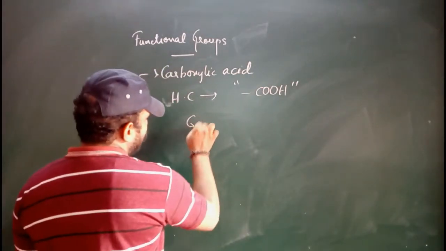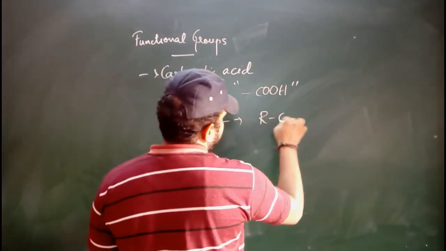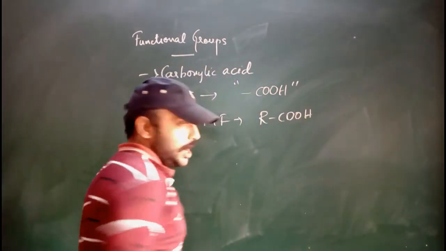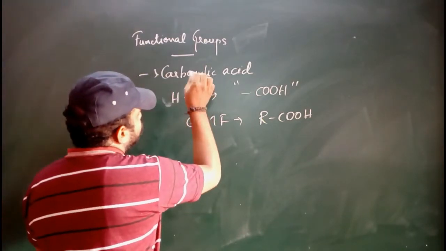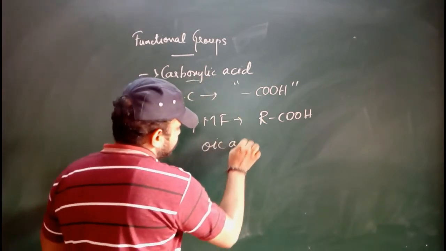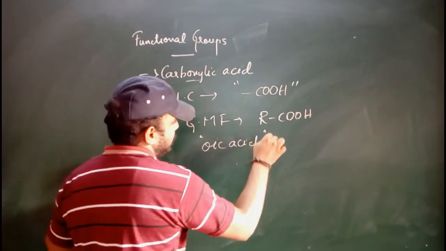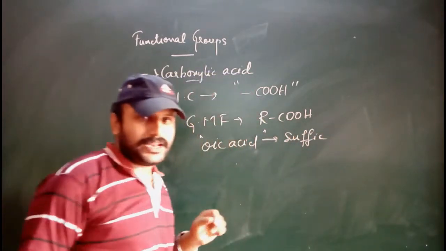What is the general molecular formula of this carboxylic acid? RCOOH. Okay, now here what you will do, here we will be using oic acid as a suffix to the end of the name of the compound.